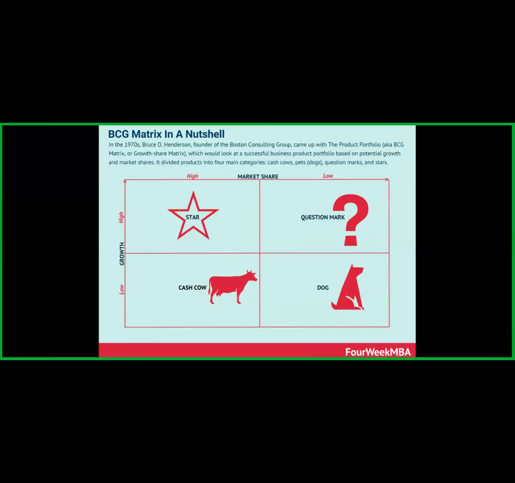Low market share of the particular company. So that particular company has low market share of that particular product, but the growth here is in a high growth market.